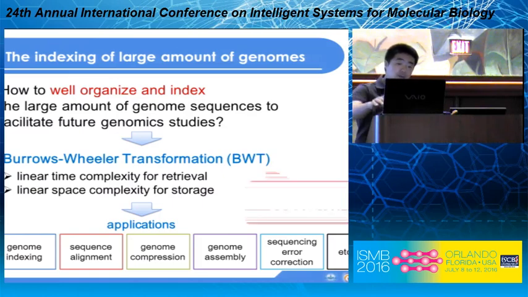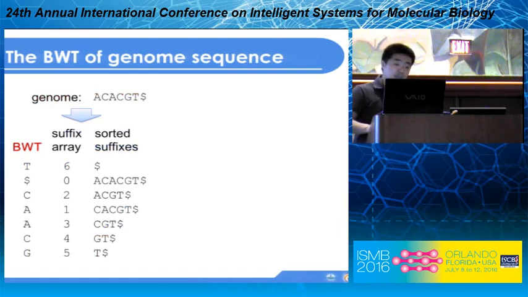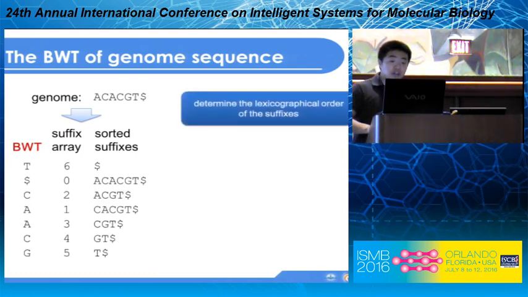However, a non-negligible problem is that it is non-trivial to construct BWT for many genomes. Briefly, given an input sequence, BWT is the concatenation of the previous characters corresponding to the sorted suffixes. Here is a toy example. In essence, it needs to determine the lexicographical order of the suffixes to construct BWT.